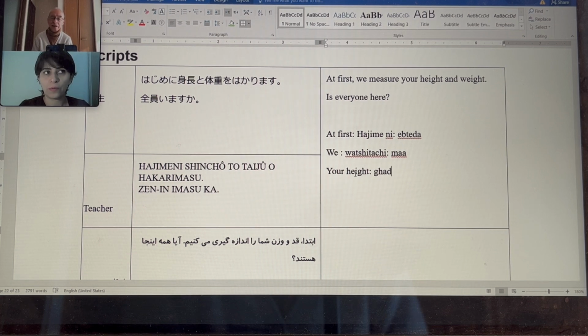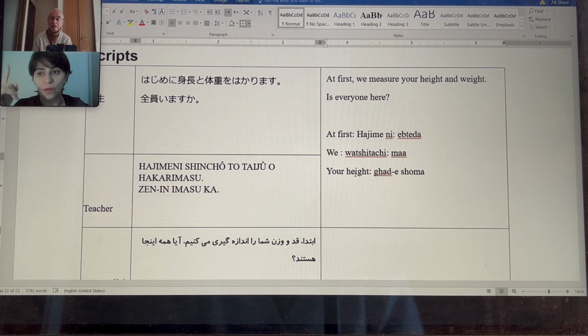Do you know how to attach these possessive pronouns in Persian? Your, shoma. Ghadde shoma, yeah. Ghadde shoma, because it is for a group, right? We are talking with a group, like several people.